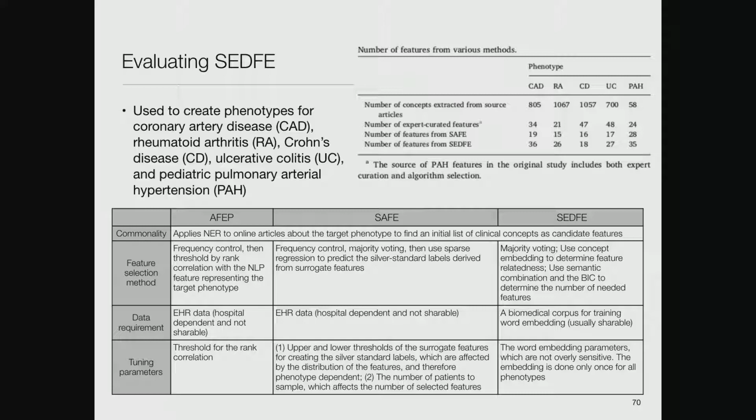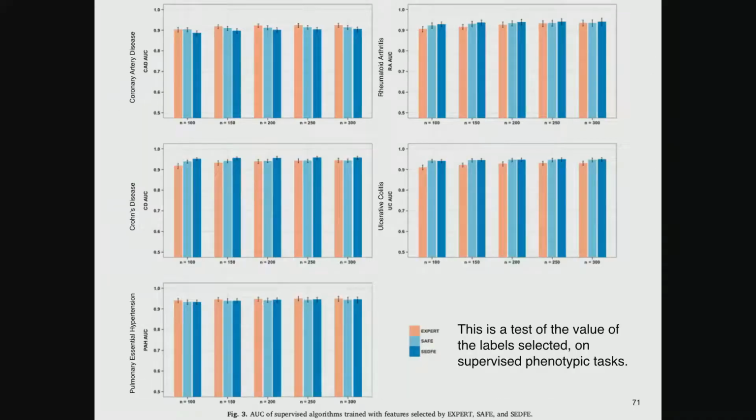And then they expanded these to a larger set using the technique that I just described, and then selected down to the top N that were effective in finding relevant phenotypes. And this is a terrible graph that summarizes the results.